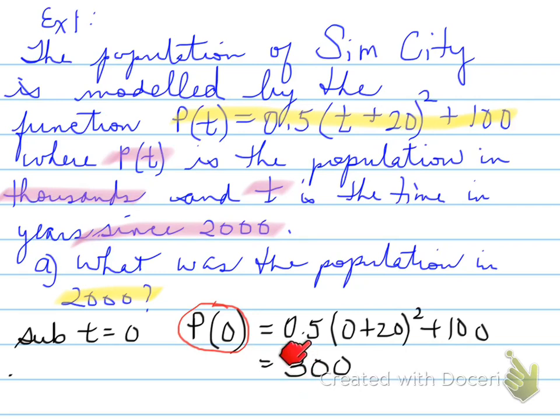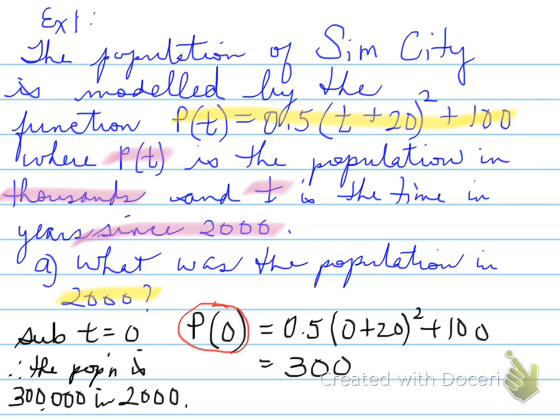It's not just 300 people, but 300, that's right, thousands, because the question says that P(t) is the population in thousands. So we sub 0 in for t, we found the answer was 300, and we now write the therefore: the population of SimCity is 300,000 in the year 2000.